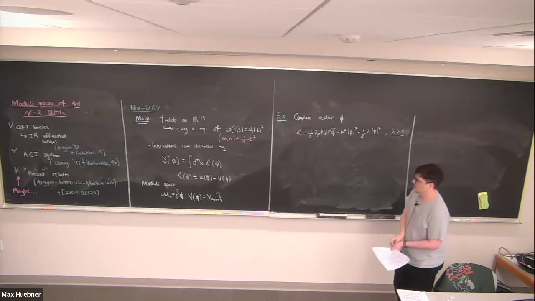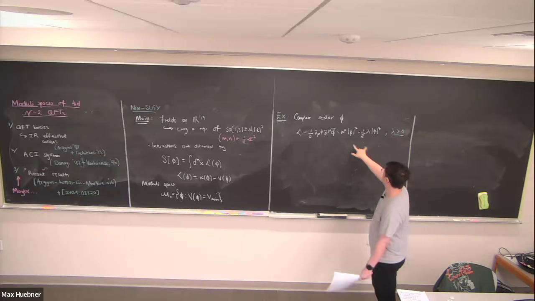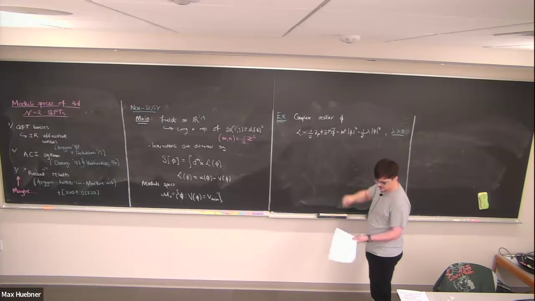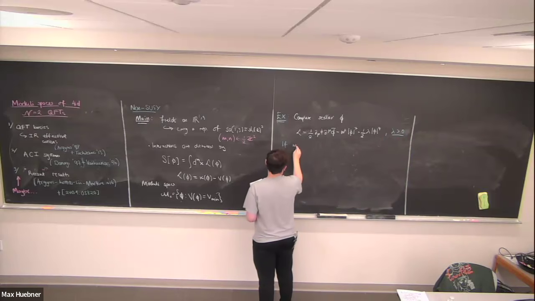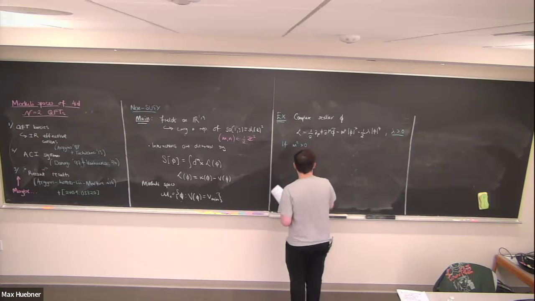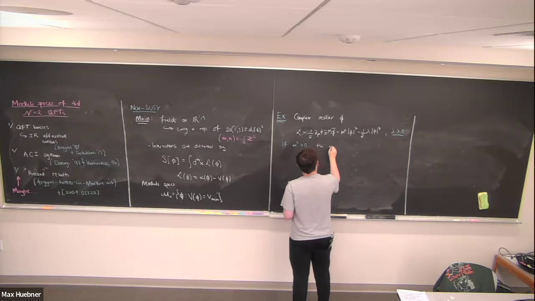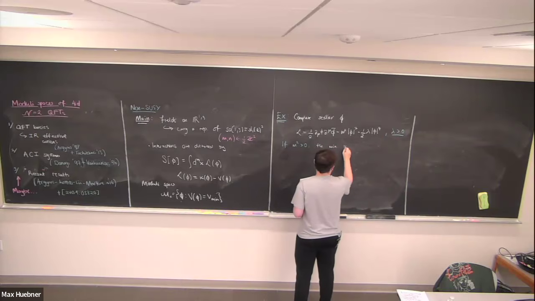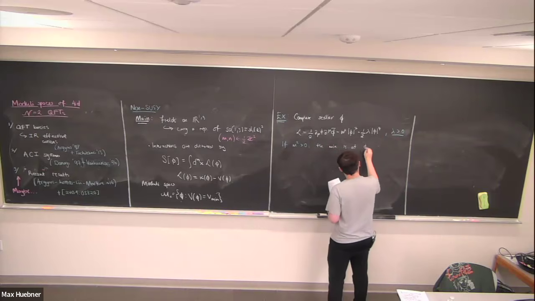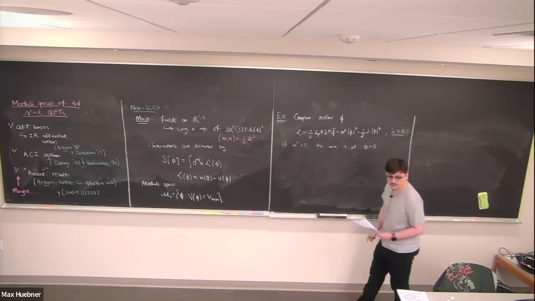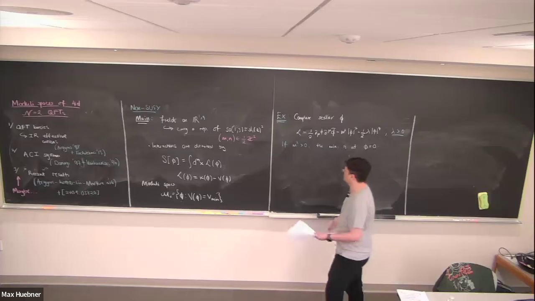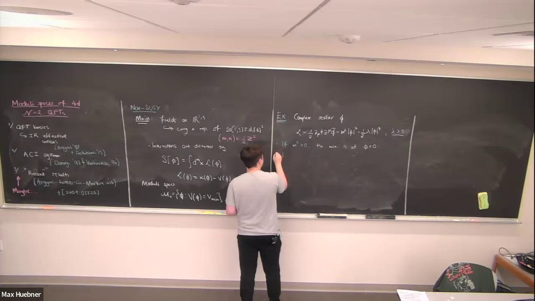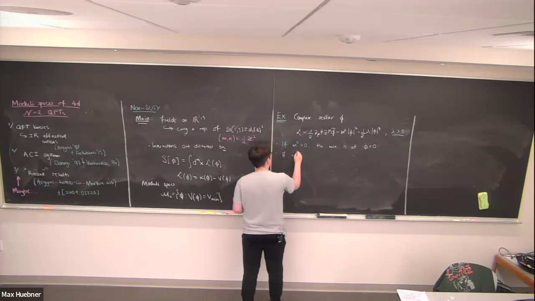If I want to minimize the energy here, I'm just trying to minimize this function. In particular, if m squared is greater than 0, the minimum is just at phi equals 0. It looks like a cone, more or less. But something more interesting happens if m squared is less than 0.